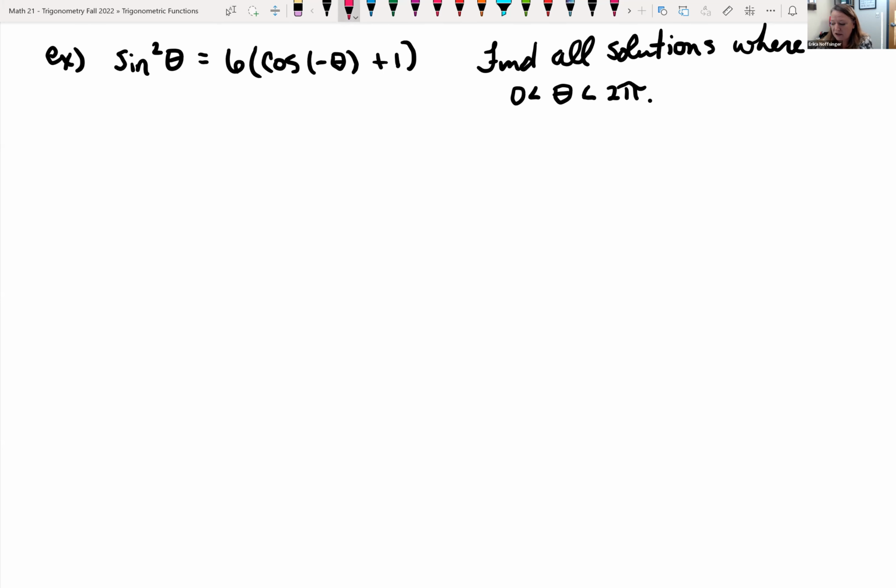So recall the Pythagorean trigonometric identity, that cosine squared theta plus sine squared theta was equal to 1. And so let's rewrite this sine squared theta in terms of cosine squared theta.